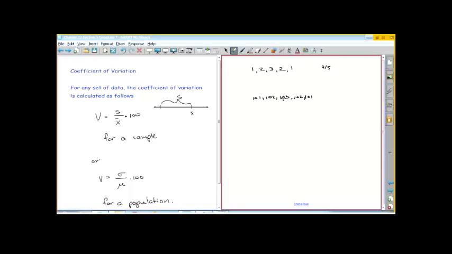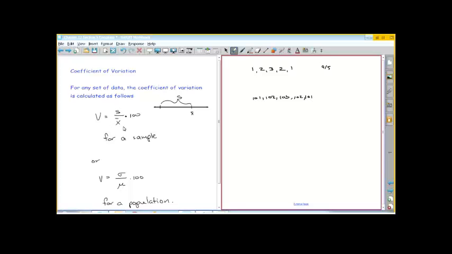In this case, the mean would be about 102. The mean here is around 2. If they both have the same standard deviation, this one's going to have a much lower coefficient of variation than this set of data. So again, the coefficient of variation is just standard deviation divided by the mean, multiplied by 100 to get it into a percent.